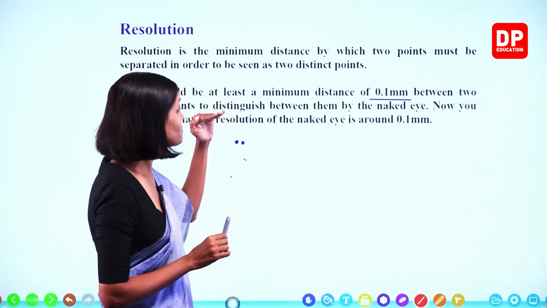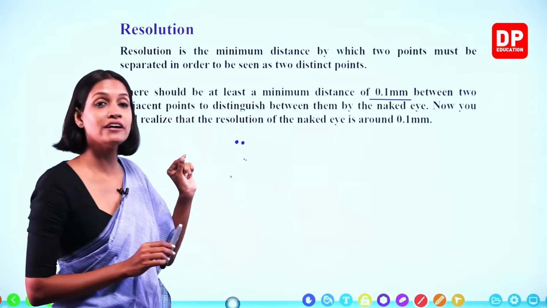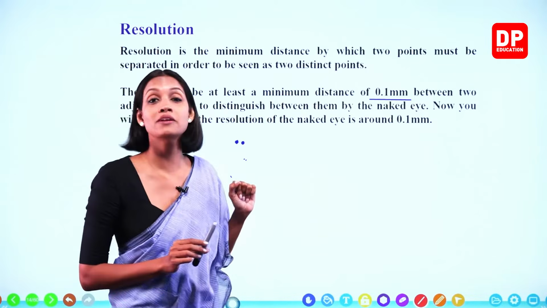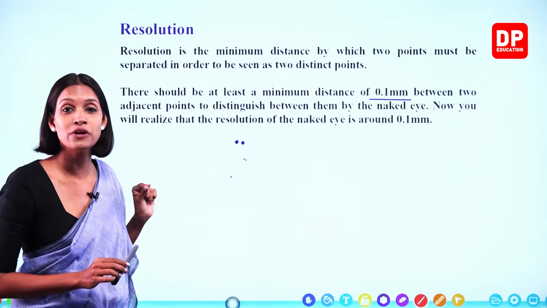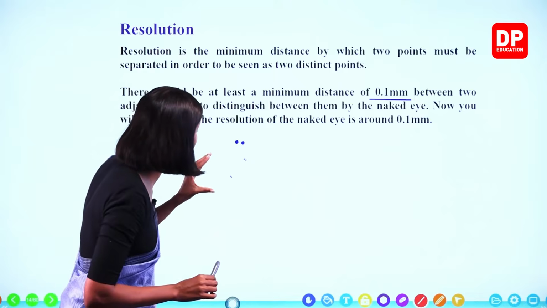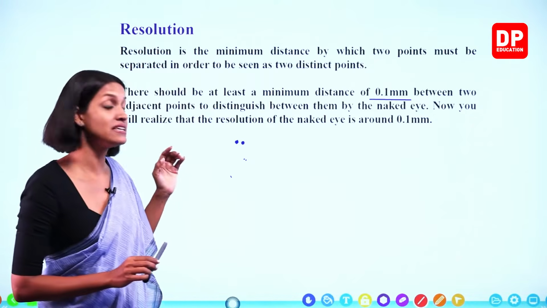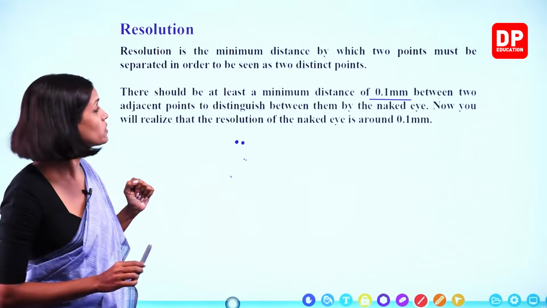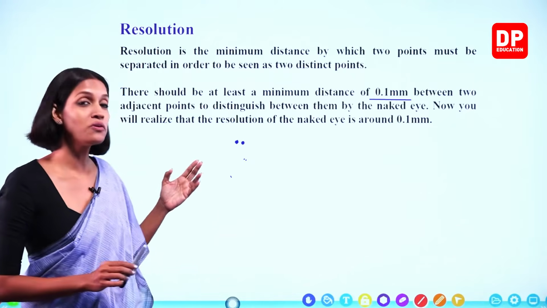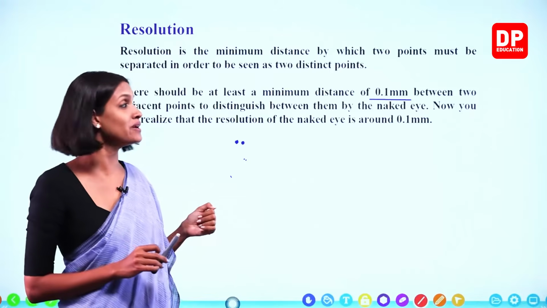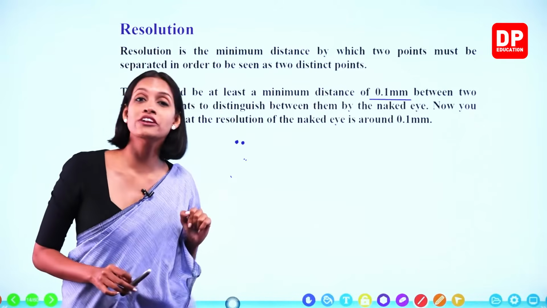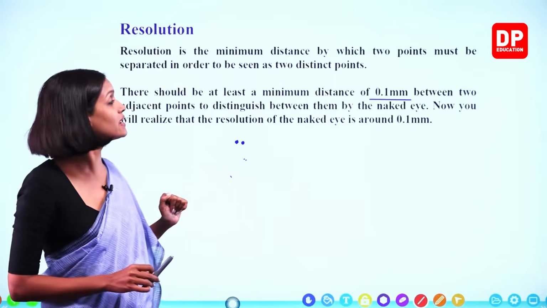So the minimum distance that we can identify is 0.1 millimeters. Here, it is even less than that, which is why we can't see it as two separate points. So what is the resolution of the human eye, or resolving power of the human eye? That is 0.1 millimeters, right?